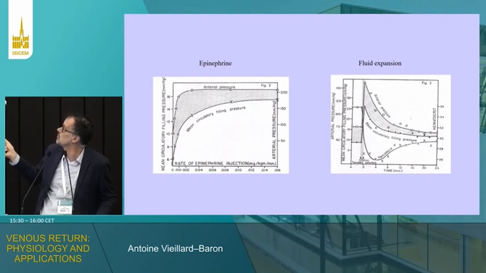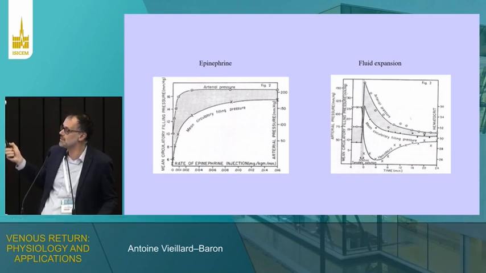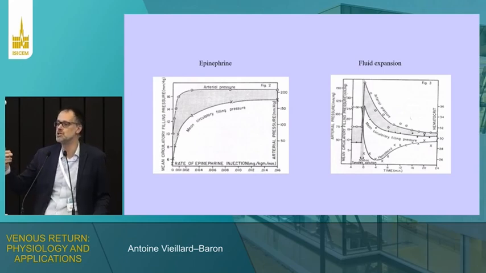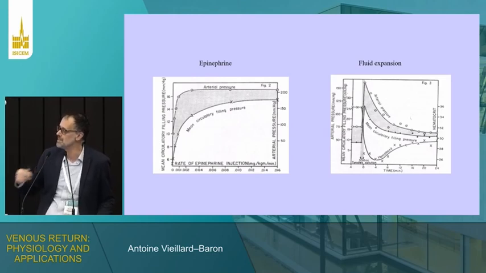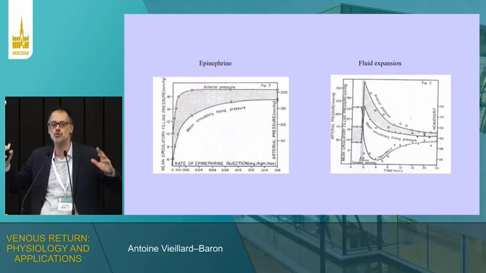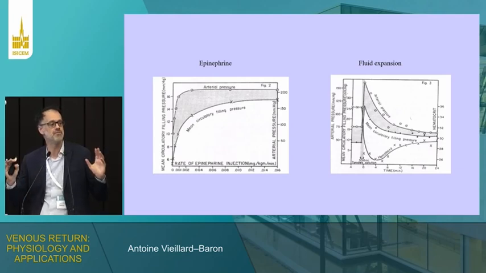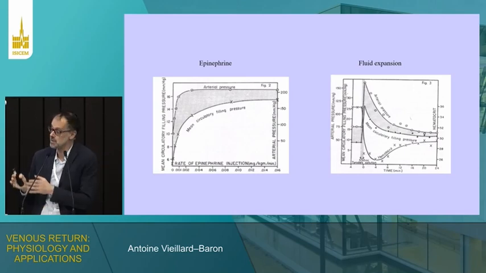But look, along the time, it goes down, not to the baseline, but probably reflecting the fact that when you fill your patients, at the end, you have some leakage into the interstitium, and so a decrease in the mean systemic filling pressure, and so you go back toward the baseline. Could be explained that we need to fill and fill and fill our patients, and at the end, we have a huge fluid overload with many fluids into the interstitium and not into the circulation and the chest.